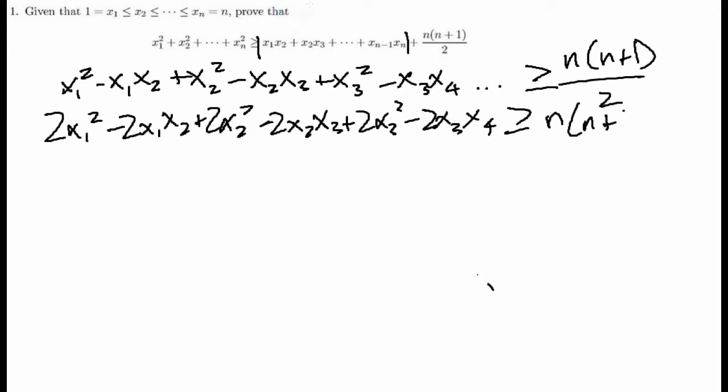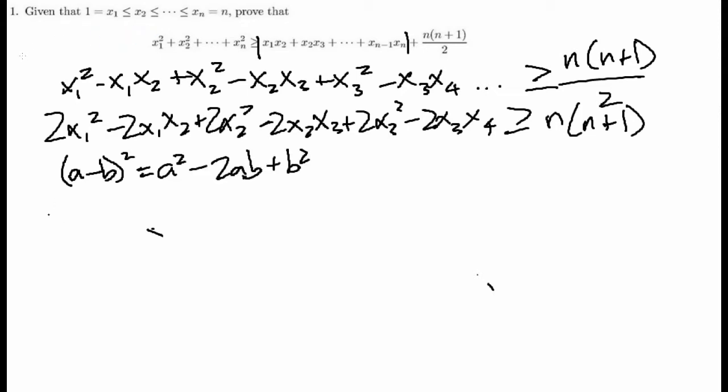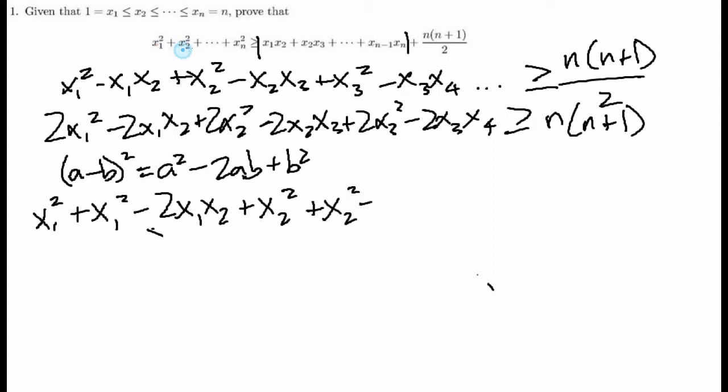Now, the way you simplify the left side is by splitting up these terms so that they form something like this, a squared minus 2ab plus b squared. And you can do it by splitting it up like this: x1 squared plus x1 squared minus 2x1 x2 plus x2 squared plus x2 squared minus 2x2 x3 plus x3 squared plus x3 squared.